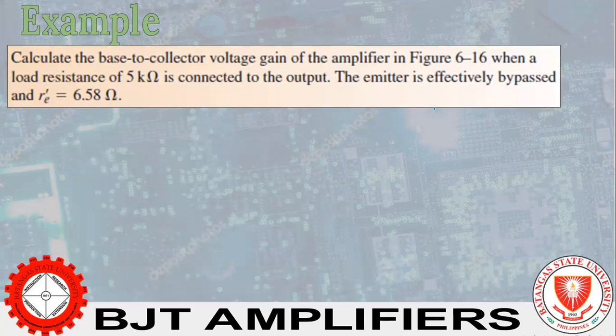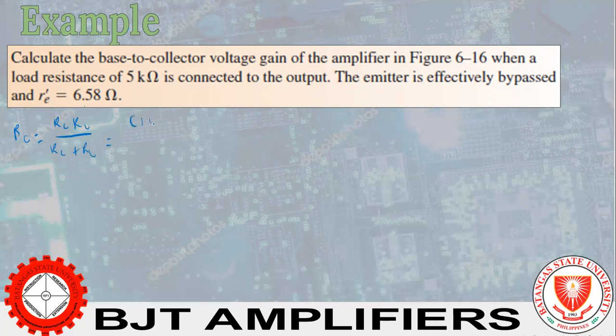So, again, ganun pa rin yung ating gagamiting circuit. Calculate the base to collector voltage gain when a load resistance of 5 kilo ohm is connected to the output. The emitter is effectively bypassed and RE prime is 6.58 pa rin yung gagamitin natin. Kuhain muna natin yung parallel. So, RC times RL over RC plus RL.